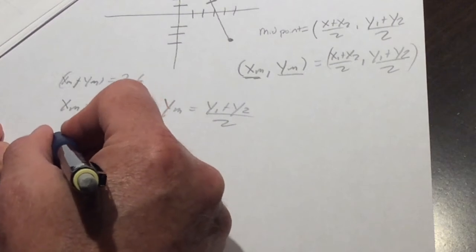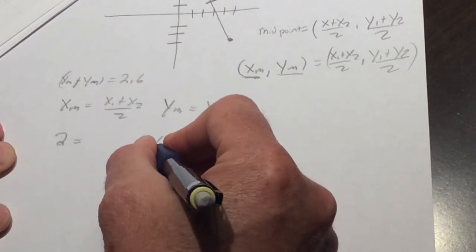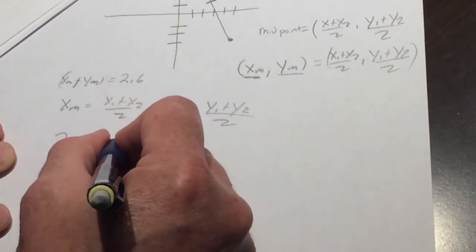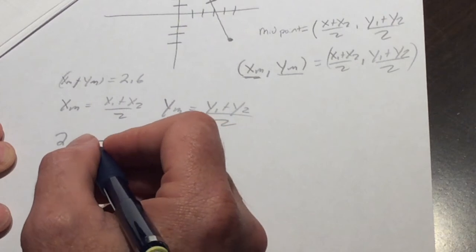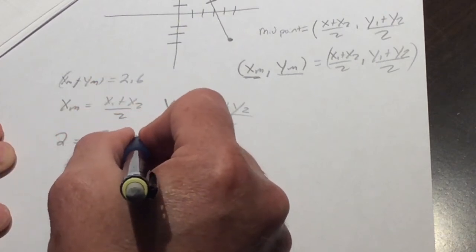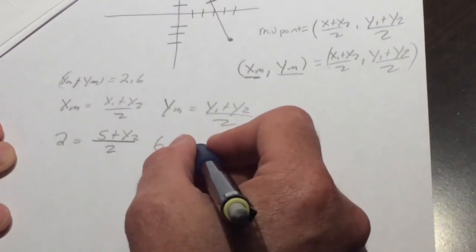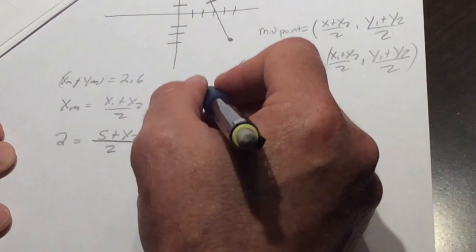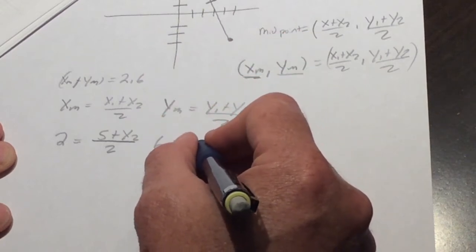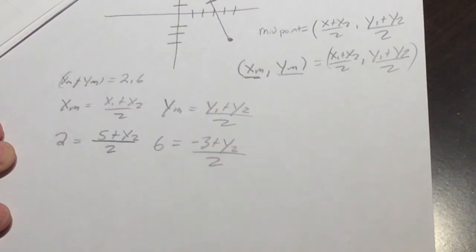So I'm going to put the 2 in over here. I'm going to put the 6 in over here. We found that by adding our x's. Well, we happen to know one of those x's. They told us 5 plus our other x divided by 2. And we happen to know one of our y, again in this problem number 6. And that is, let us see, negative 3 plus my other y divided by 2.